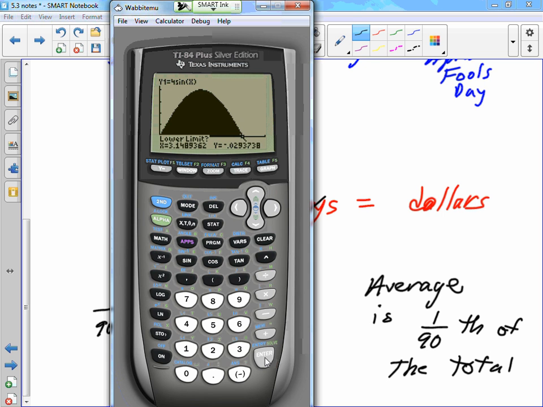Lower limit. 0. Upper limit. Pi. Did you do it over? Interesting. That makes more sense. It's all me then. Oh, you know what, I bet what I calculated was from E to pi or something like that. It's fine. It's fine.